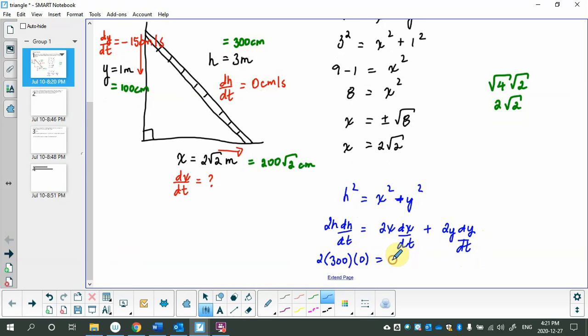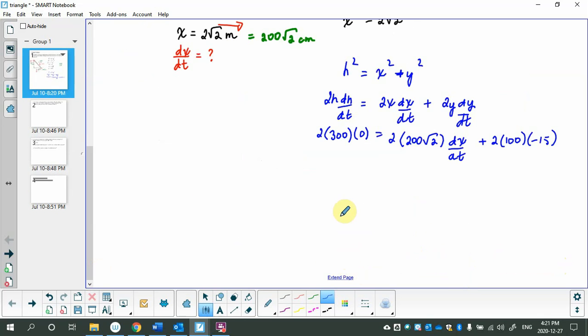On to the x's. 2 times 200 root 2 times dx by dt, because that's what we're looking for, plus 2 times 100 times negative 15. There's the 100, there's the negative 15.